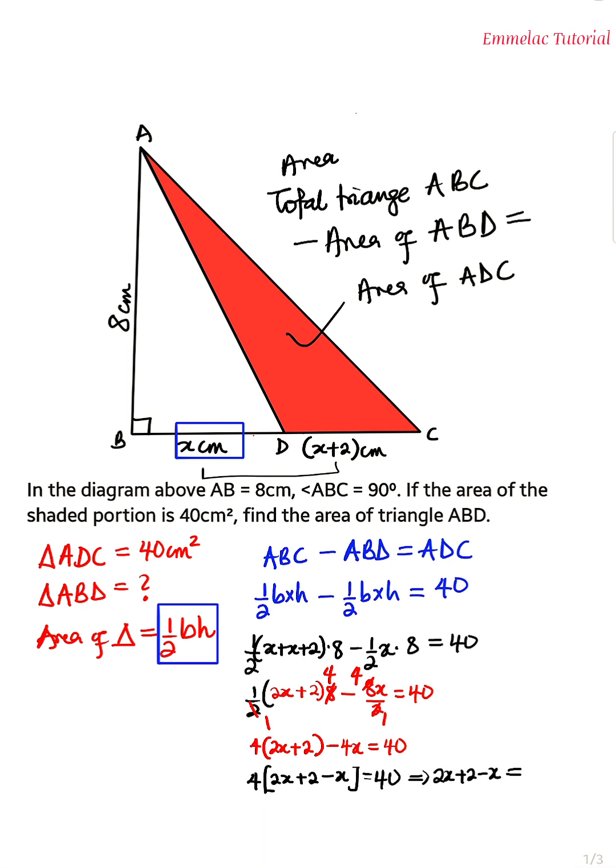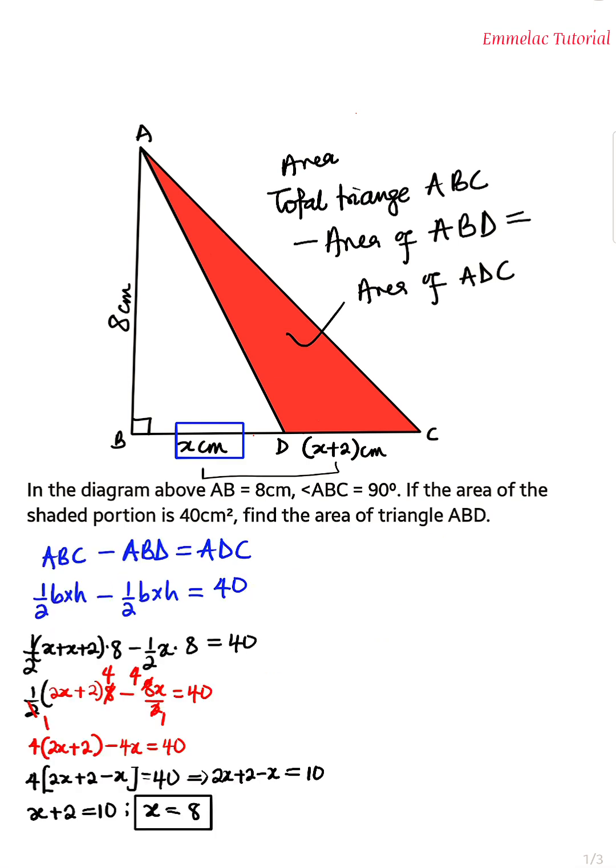If we simplify the left hand side, we end up having x plus 2 equals 10. Now if we subtract 2 from both sides, we end up having that x equals 8. So this is the value of x.